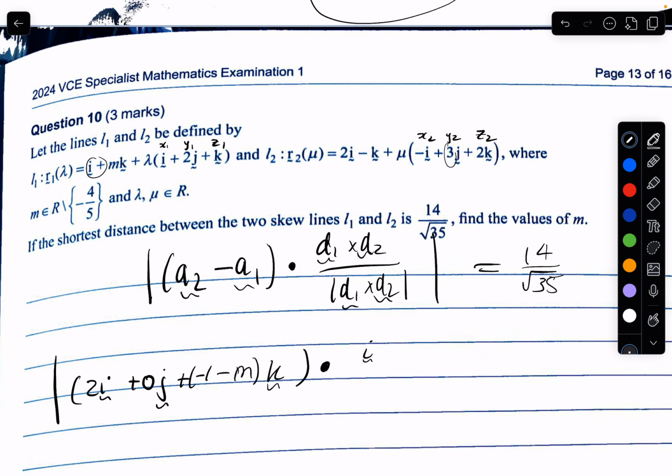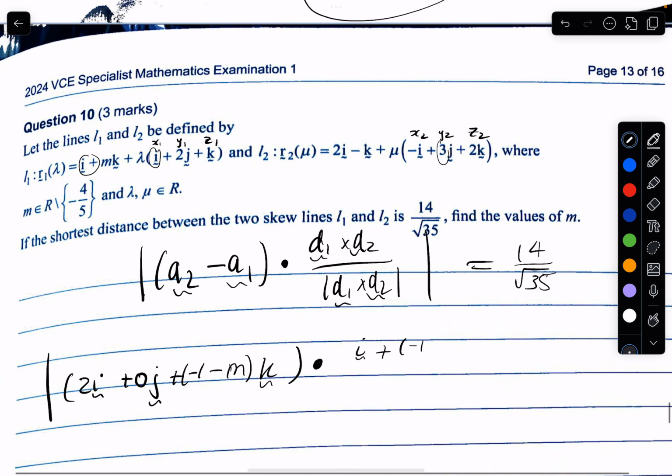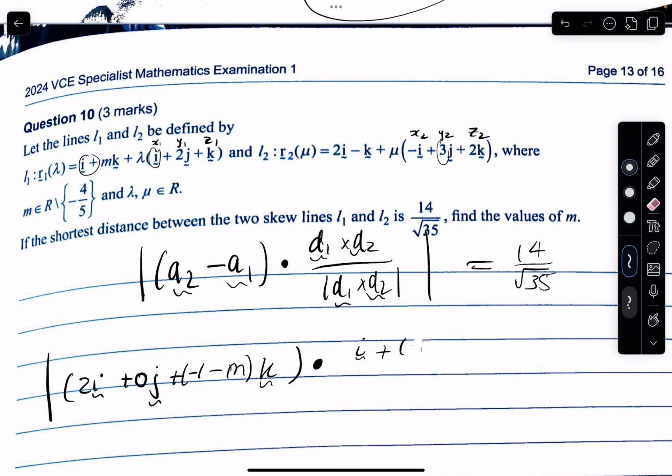And then we've got plus x2, z1, so x2 is -1 and z1 is 1, so -1, and then minus x1, z2, x1 is 1, z2 is 2, so minus 2, so minus 3j.